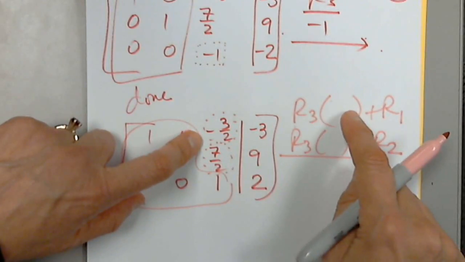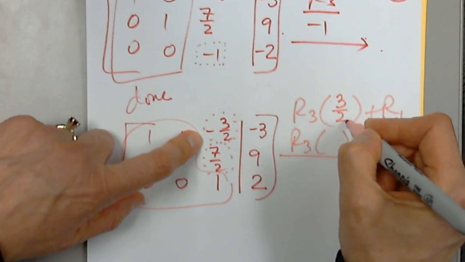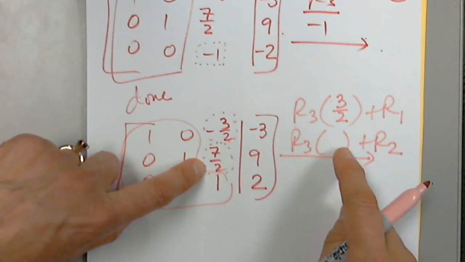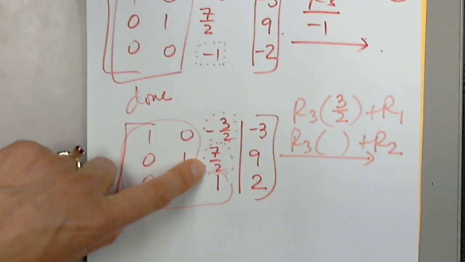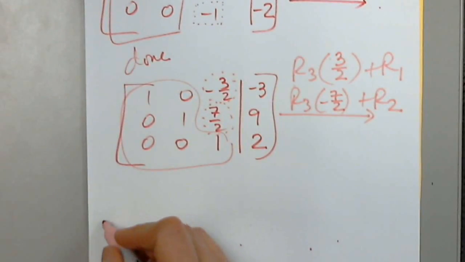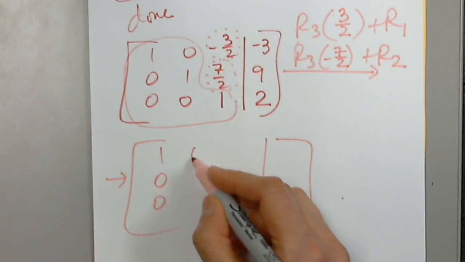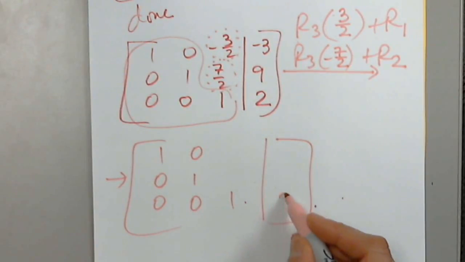-3/2. So 1 times -3/2 minus 3/2 will not be 0. 3/2. I agree. 1 times this plus this will be 0. -7/2. I agree. Perfect. So 1, 0, 0, 0, 1, 0, 1, 2.